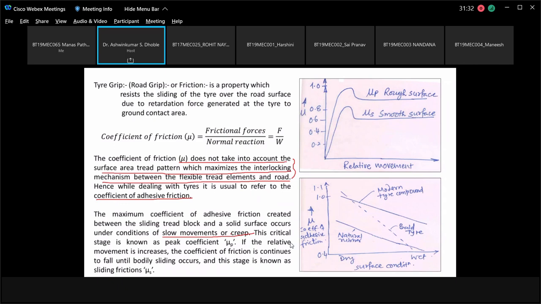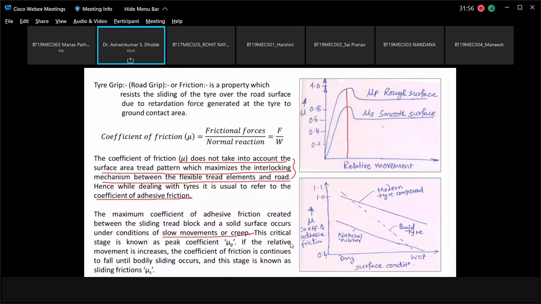This critical stage is known as the peak coefficient, which is shown here. If the relative movement increases, the coefficient of friction continues to fall until bodily sliding occurs, and this stage is known as the sliding friction.